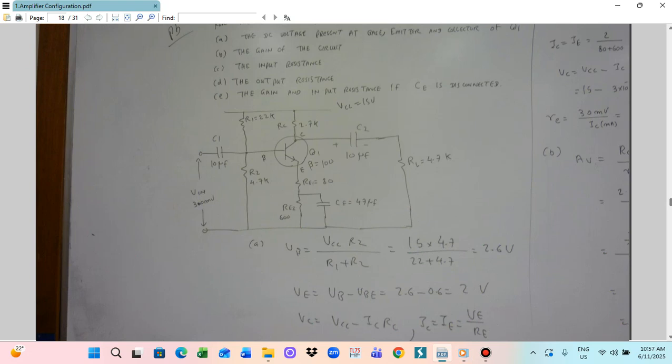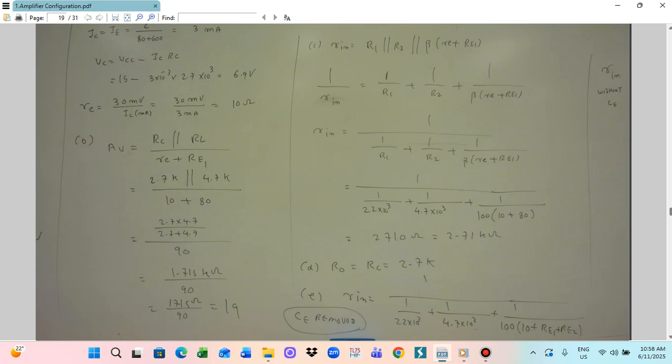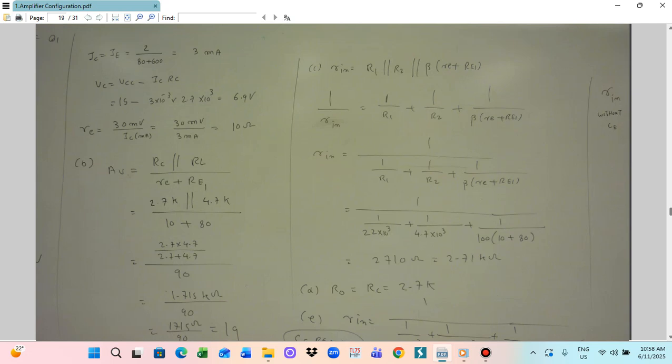VE we already know, 2 volts, and RE we know. RE is the combination of RE1 and RE2, which is 80 plus 600. So IC will be about 3 milliamperes.